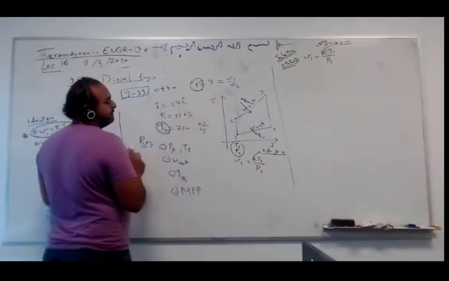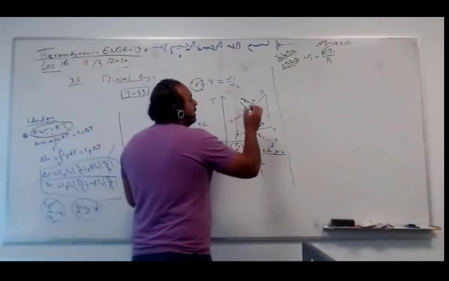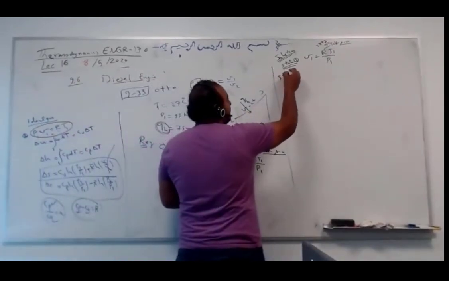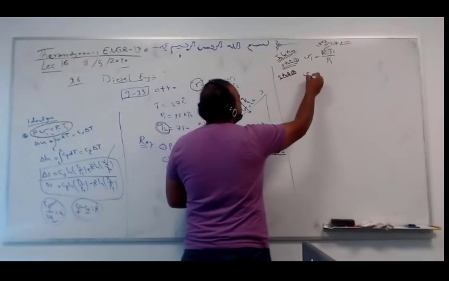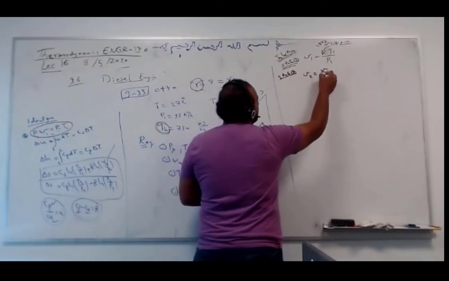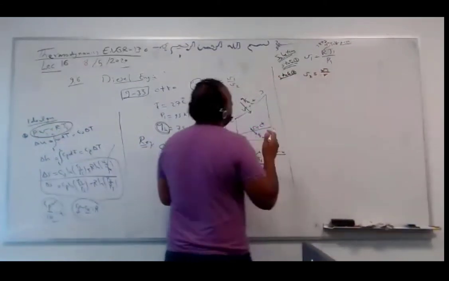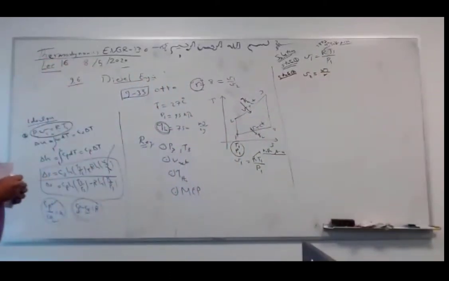How about state 2? Isentropic with 1, and you have R, and it's ideal gas, you can get everything. First, you have V2, which is V1 over R. Get V1, you get V2, because R is the ratio between V1 and V2. V1 is bigger. We compress, so V2 is smaller.